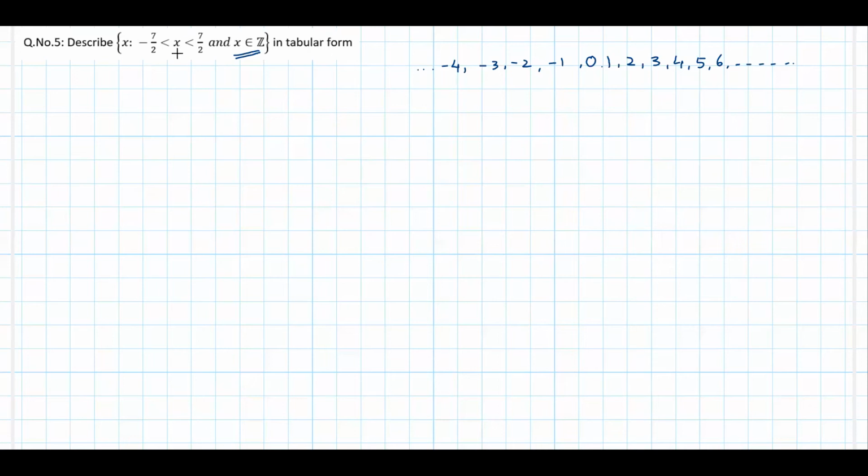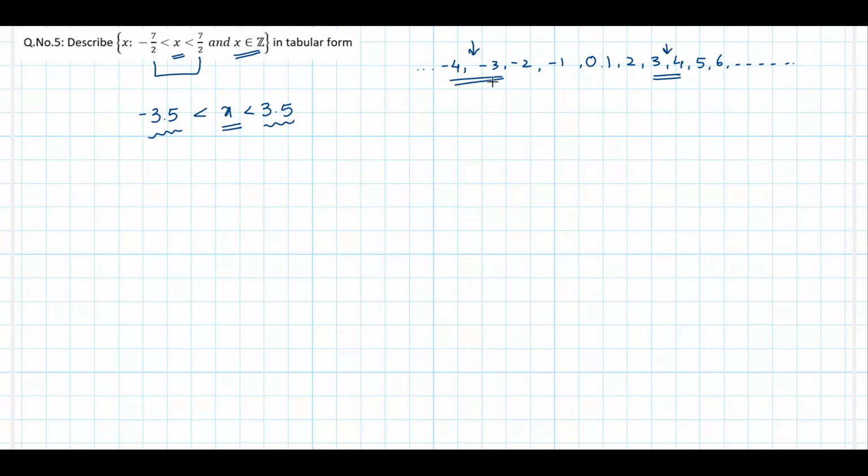Now we have to take this value x, which is in between these two and belongs to the integers. So just try to understand what is -7/2, which is -3.5, less than x less than 7/2, which is 3.5. If you see this -3.5, which is in between -3 and -4, and this 3.5, which is in between 3 and 4.